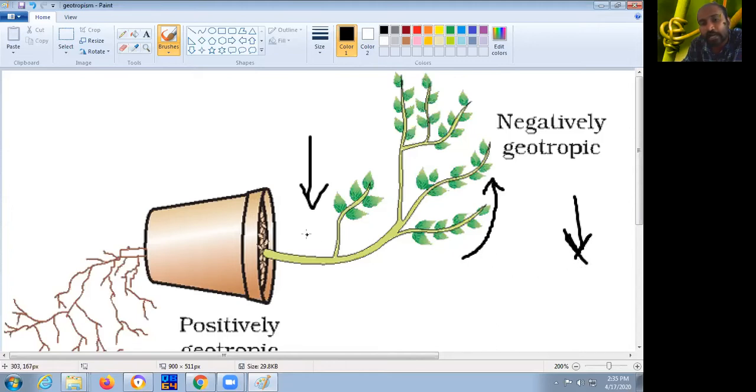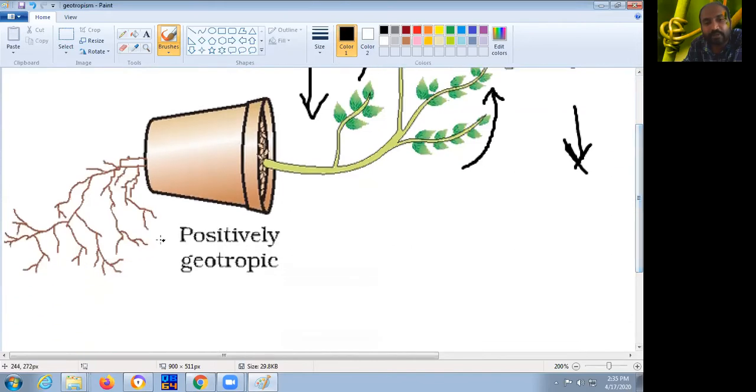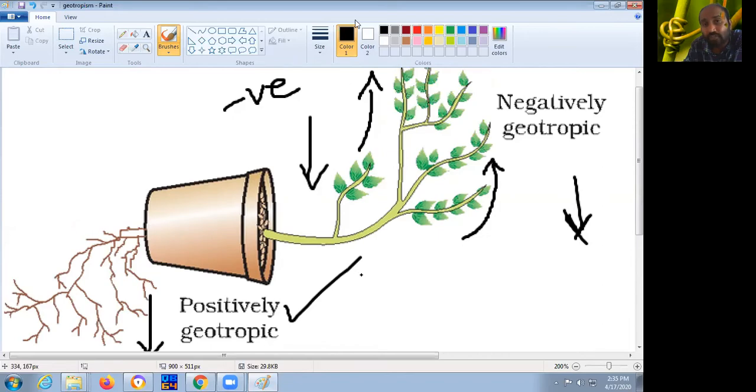So the plant is moving away from gravity, growing upwards. The shoot shows negative geotropism or negative gravitotropism. At the same time, see the root. The root shows positive geotropism. Why? Because it grows towards gravity. Hope you understood geotropism or gravitotropism.